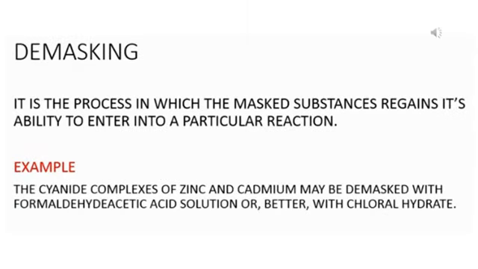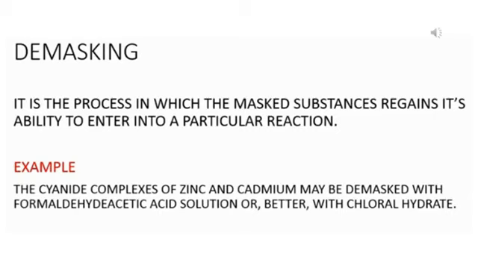So what is demasking? It is a process in which the masked substances regain their ability to enter into a particular reaction. An example of a demasking agent: cyanide complexes of zinc and cadmium may be demasked with formaldehyde acetic acid solution or with chloral hydrate.